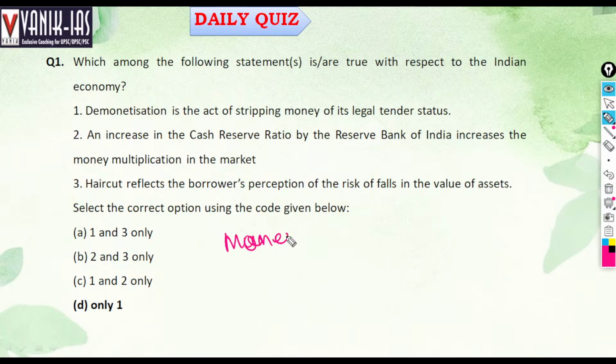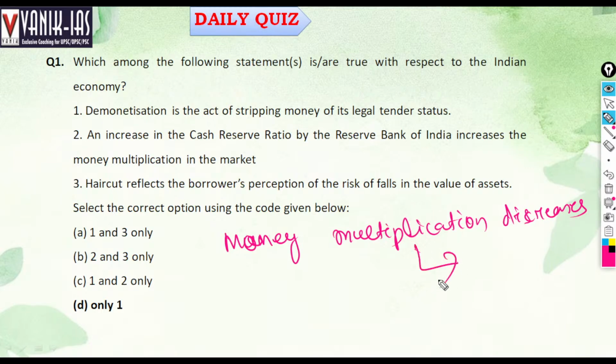Money multiplication decreases. Money multiplication means that money creates money. How does money create money?